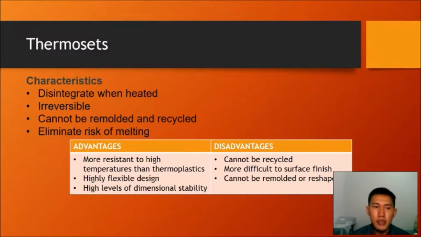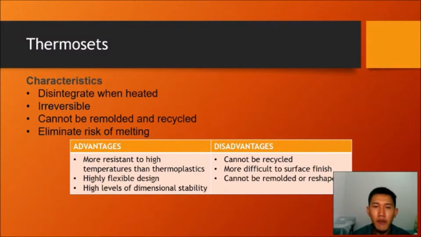The characteristics of thermosets: it disintegrates when heated and is irreversible, so it cannot be remolded and recycled. However, it eliminates the risk of melting. So the advantages are that thermosets are more resistant to high temperature than thermoplastics.